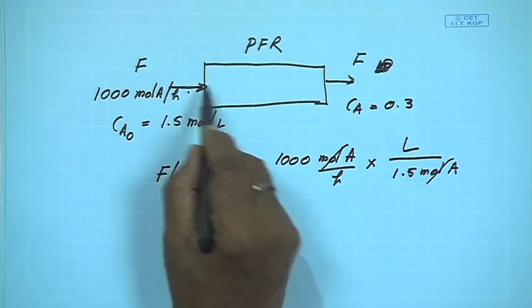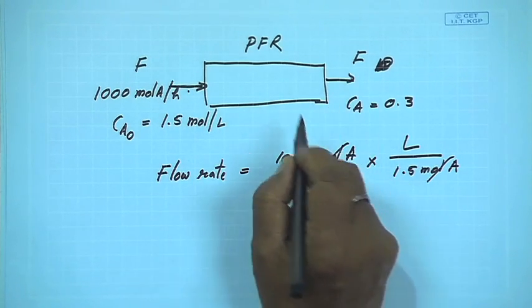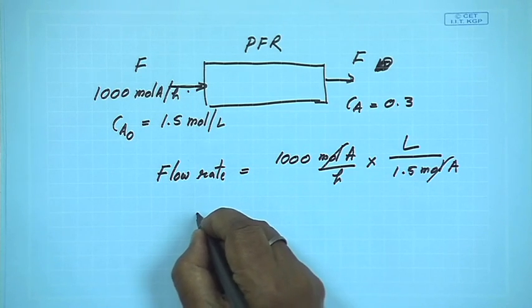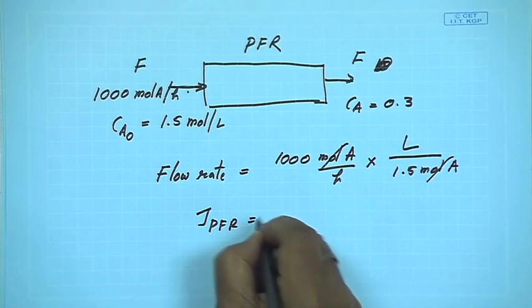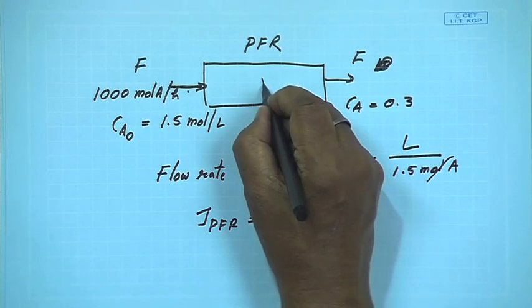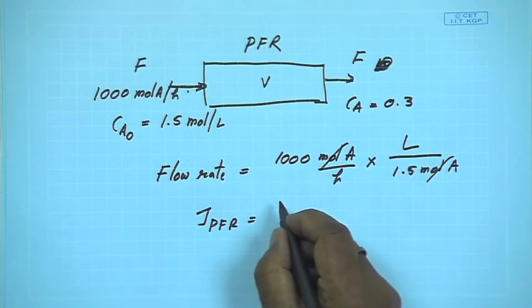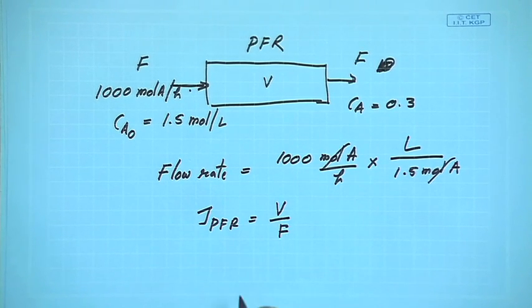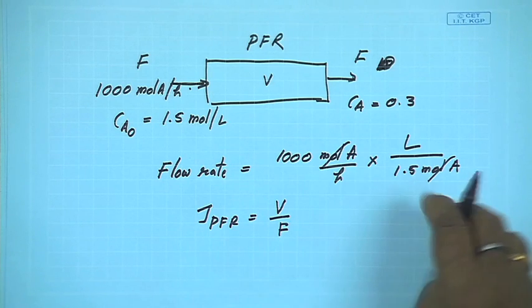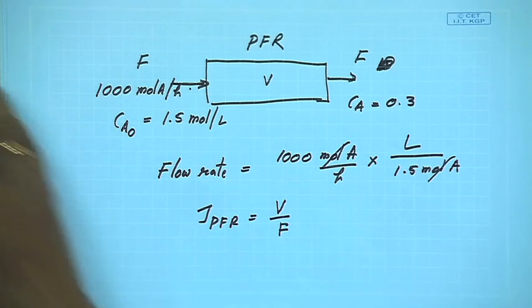This flow rate, the input and output flow rate is same, and here I told you tau plug flow reactor is equal to what? Tau is V by F. This is the volume, working volume of the reactor. We can find it out.